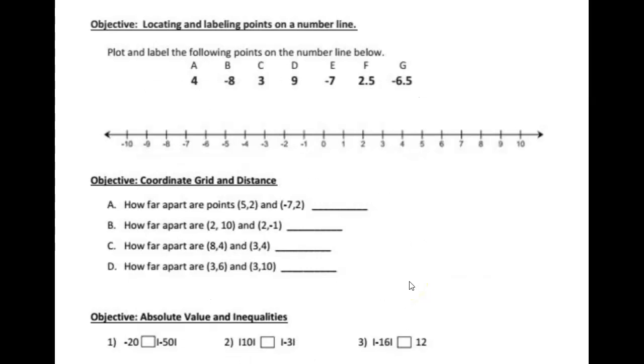Our next objective, locating and labeling points on a number line. Plot and label the following points on the number line below. Remember, when you are locating numbers, you put a dot and you give them their name.